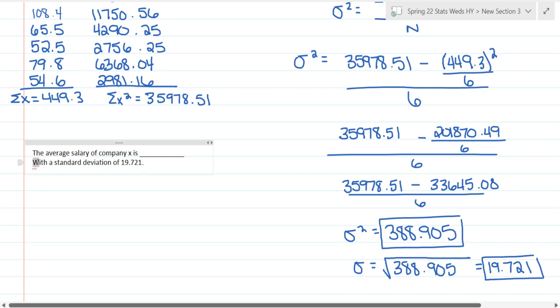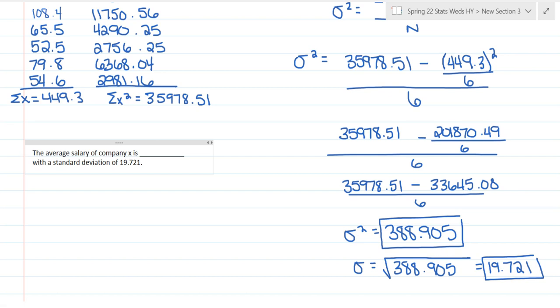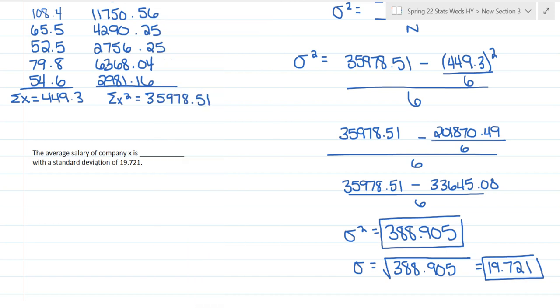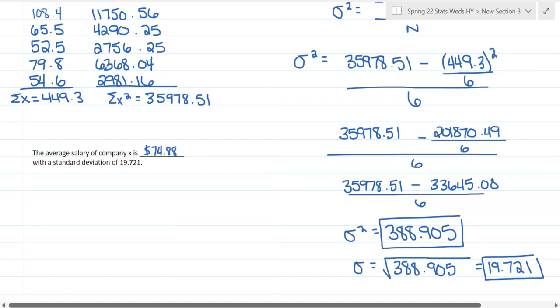Really, it's just the sum of x divided by 6. So 449.3 divided by 6, 74.88. So the average salary of company X is 74 grand, 75 grand, with a standard deviation, so give or take 19,000, which is a big range, but you only have 6 pieces of data, so that range is going to be a lot bigger.